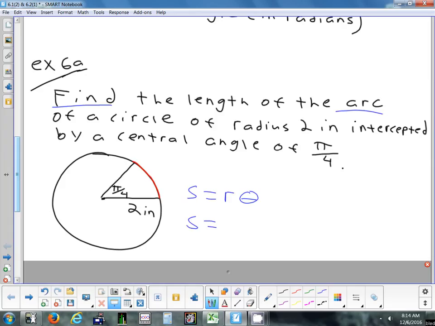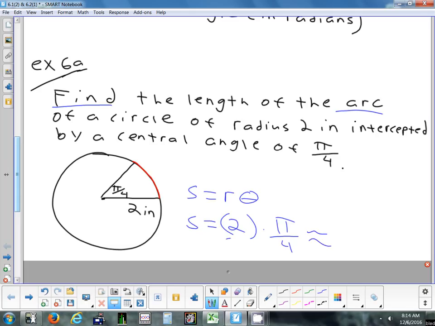What do I fill in for R? Amanda? Yep, R is 2 times, and what's my angle? Pi over 4, and it's already in radians. I know that because there's no circle on it telling me it's degrees. So pi over 4.